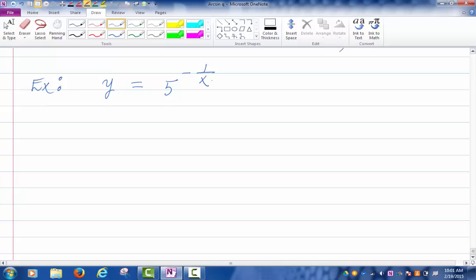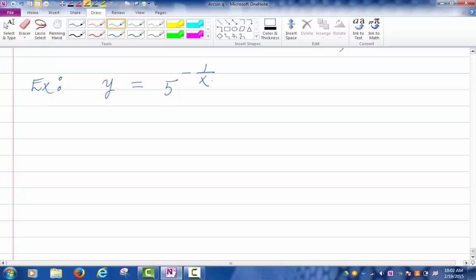Very good. So then what's the derivative of the function that I have? The function that I have is the composition of two functions, 5 to the x and negative 1 over x, right? And so I have to apply the chain rule.